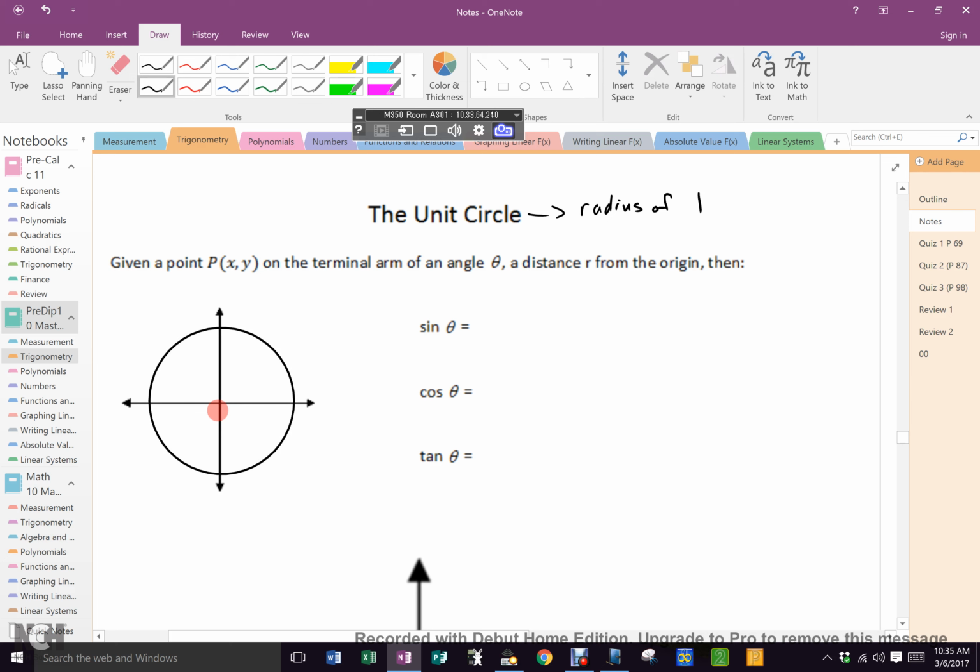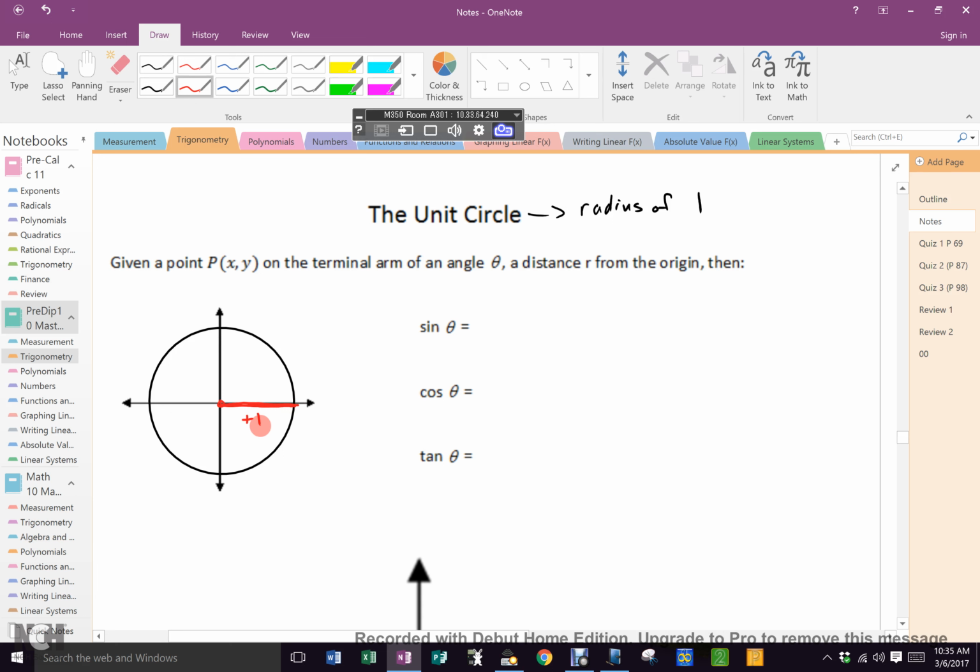Everybody good? Now, if it has a radius of 1, how far is this? How far is this? 1 as a scalar. What is it on the graph? Positive 1. Cool? Everybody agree?